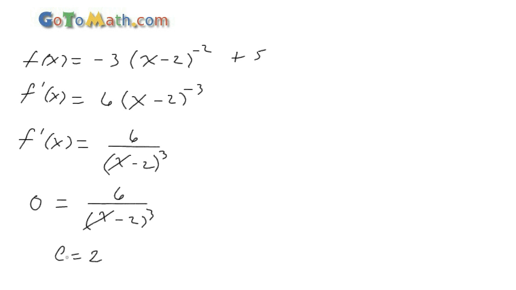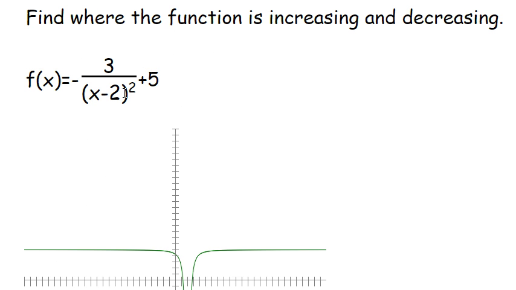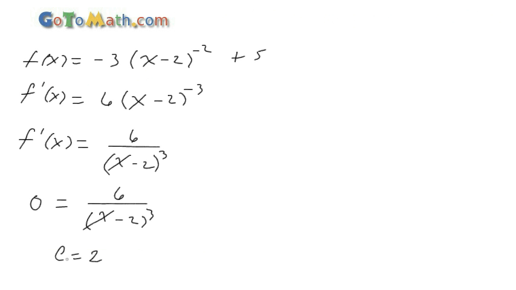But now remember, for this to be a critical number, it must be in the domain of our original function, and it's not. Because we end up getting 0 in the denominator. Go back here. If I plug 2 in right here, we end up getting 0 in the denominator, and you can't divide by 0. So f is not defined at 2. So that's not a critical number.